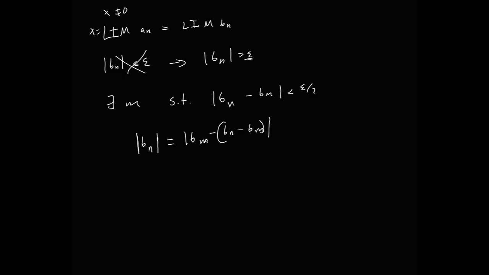Does that make sense? So you have b_n, then you have a b_m, but you also have this thing here. So what you do is the less than or equal to thing.